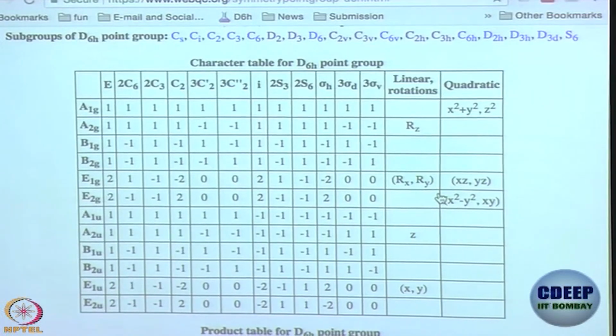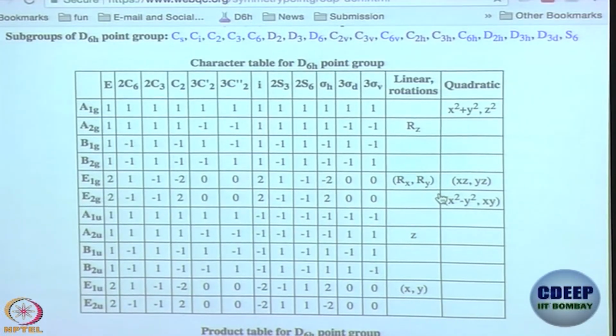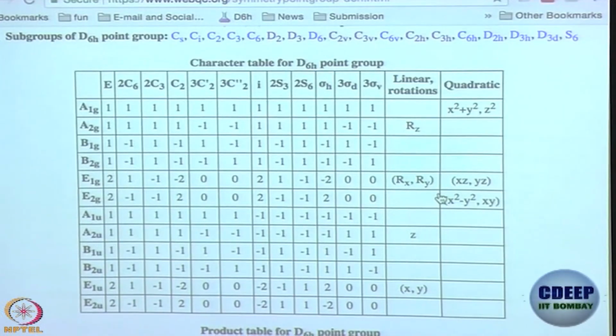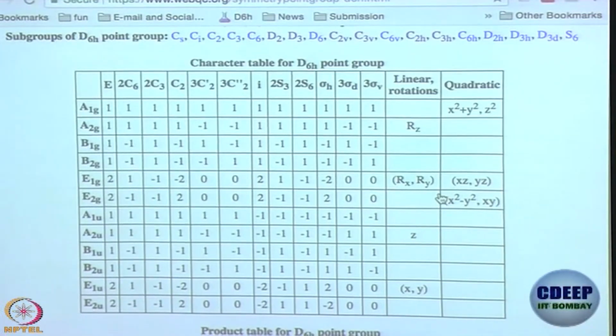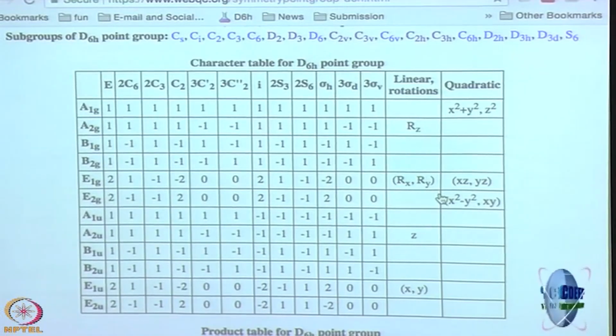Now, the reason why I am showing you this is that, see, there is sigma H or not? There is sigma H, but you might notice that this dashed and double dashed have been omitted. Why? Because if you just write this 1, 2 and g, u, then your symmetry species are all defined uniquely. There is no need of dash or double dash. That is why it is not written.